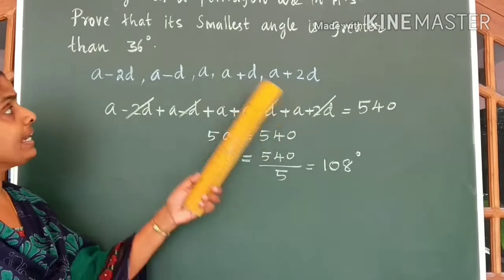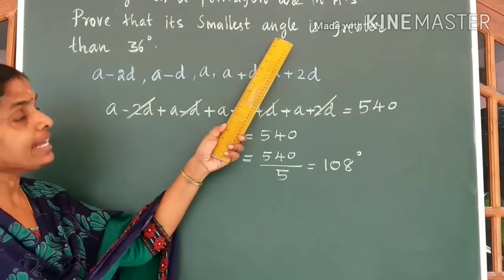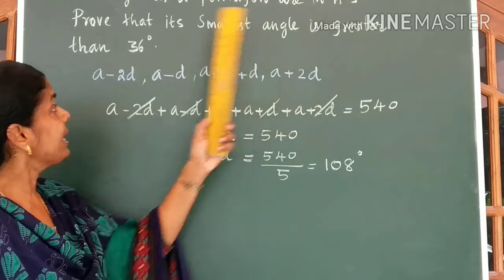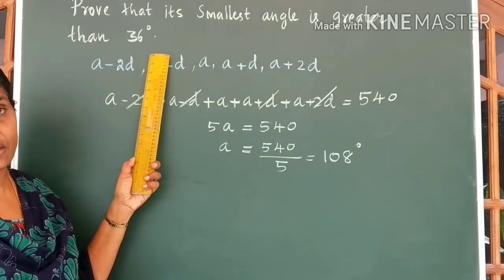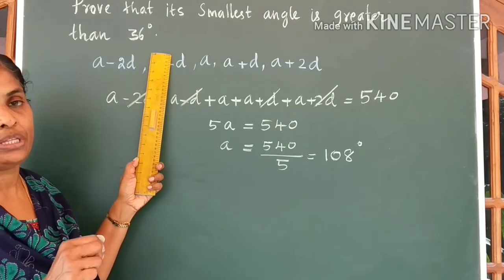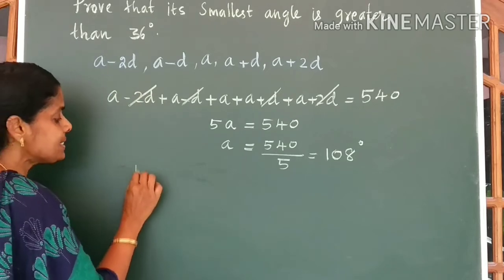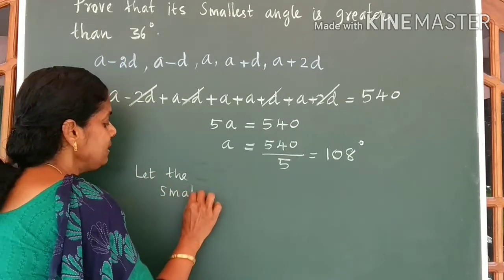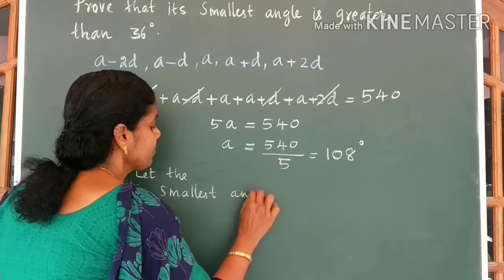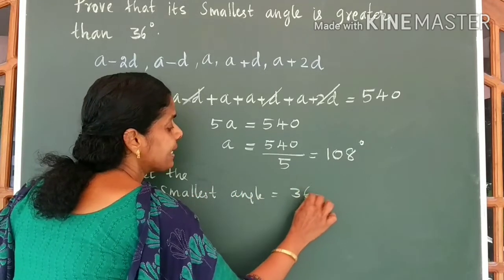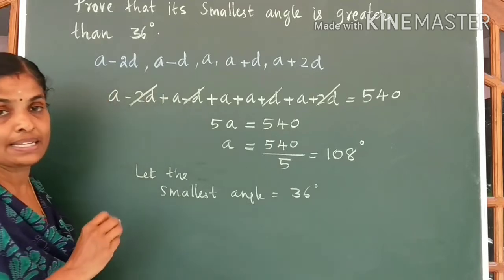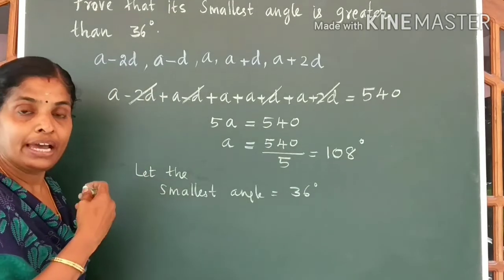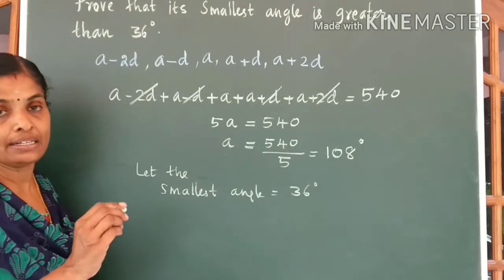Now, the question is, we have to prove the smallest angle is greater than 36. So, how are we going to do the problem? Let the smallest angle be equal to 36 degree, because we have no idea about the angles.